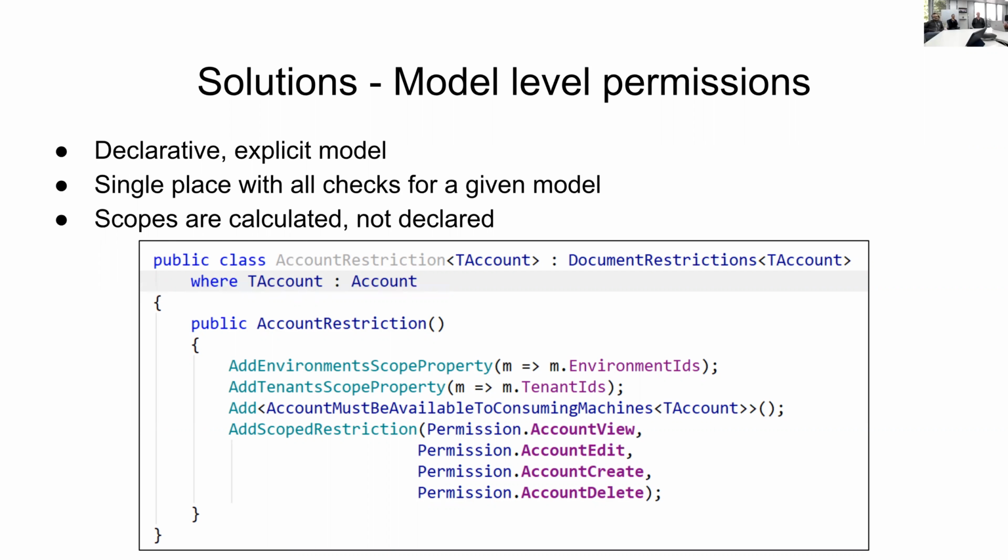So now, at startup, we build a map of those scopes. And if there are 2 models that happen to use the same permission, but they supply different scopes, we'll throw an exception because that's incorrect. One permission comes with a predefined set of scopes. They can't be different. So that's one thing we are doing.